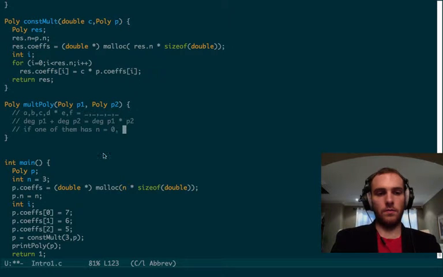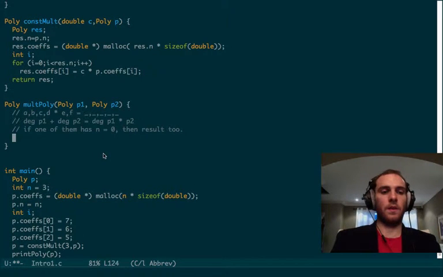If n equals 0, then result as n equals 0.